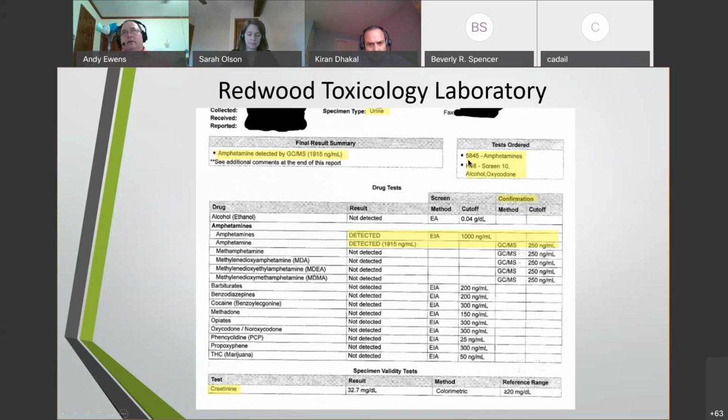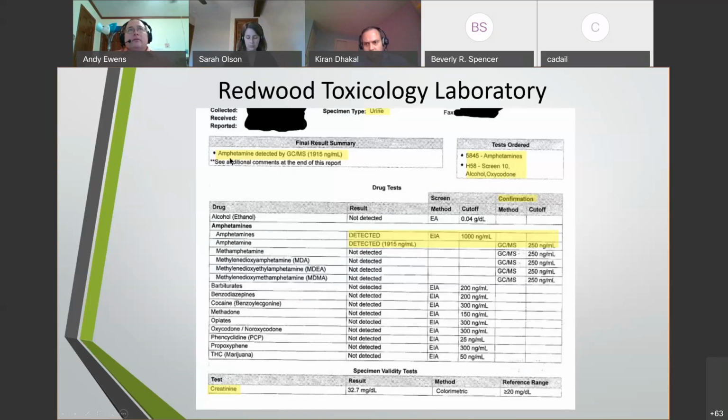So you could go back to the Redwood Toxicology Lab website and look up that test to get some more details on what they did. So they looked for amphetamine, and they did a screen of 10 different drugs, and also looked at alcohol and oxycodone.